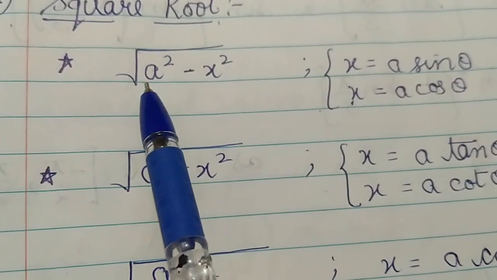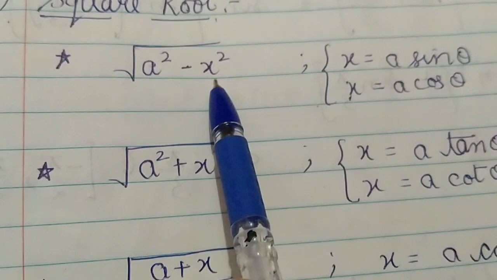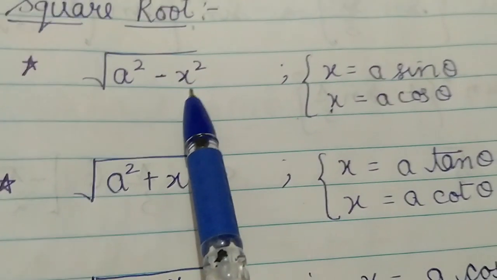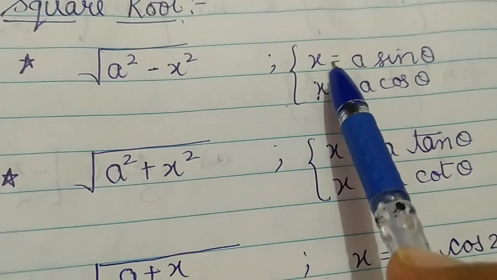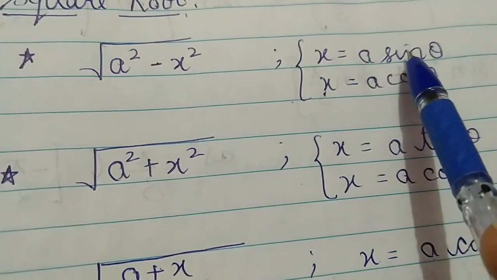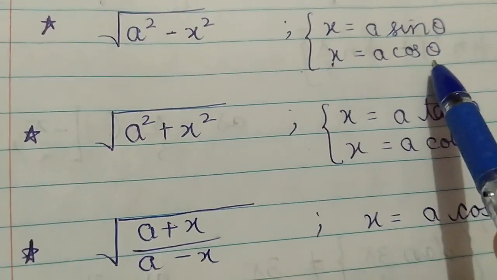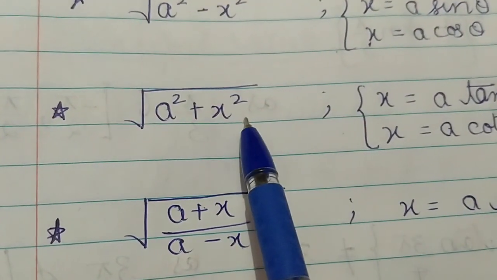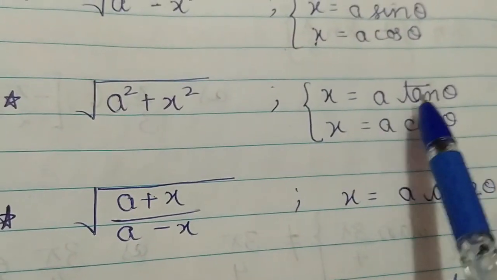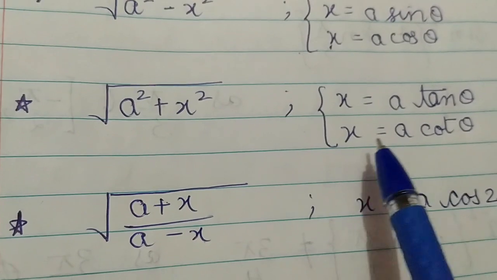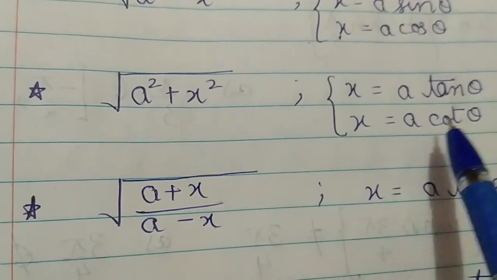If the question involves the term root of a square minus x square, then we apply x equals a sin theta or x equals a cos theta. In case of root of a square plus x square, we apply x equals a tan theta or x equals a cot theta.